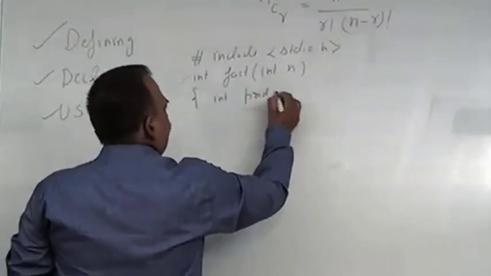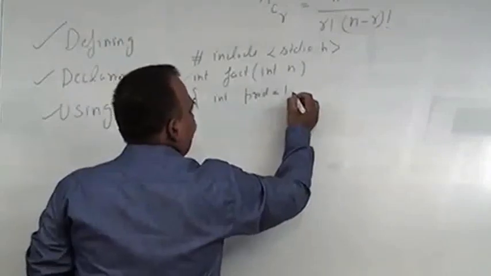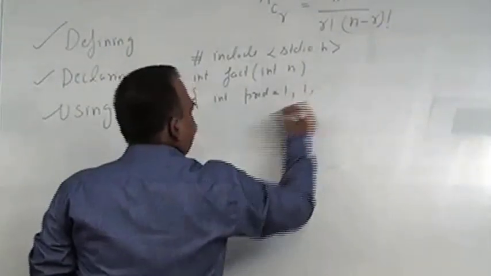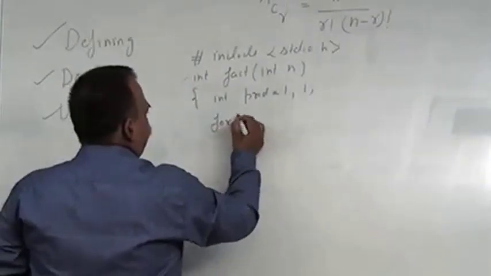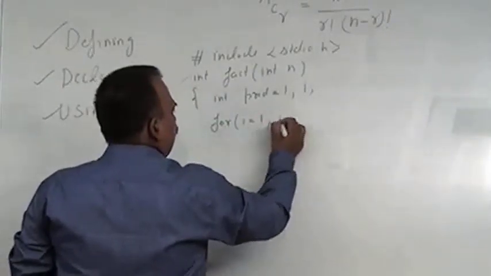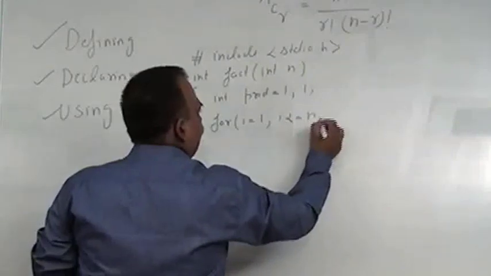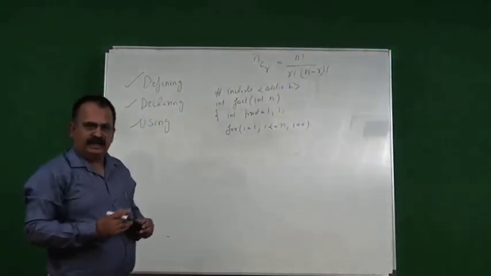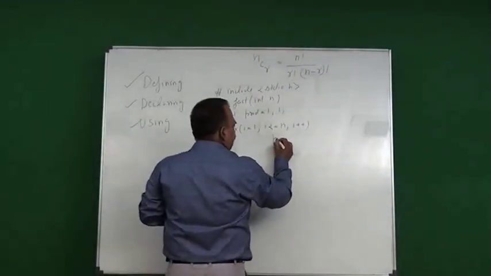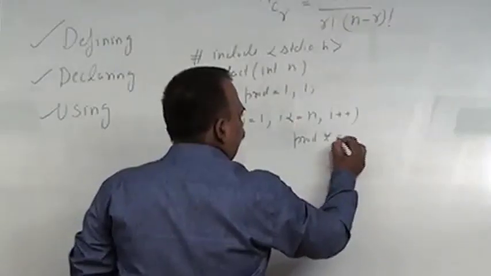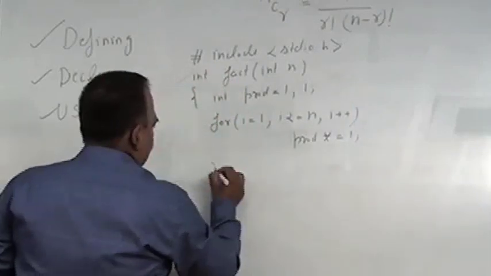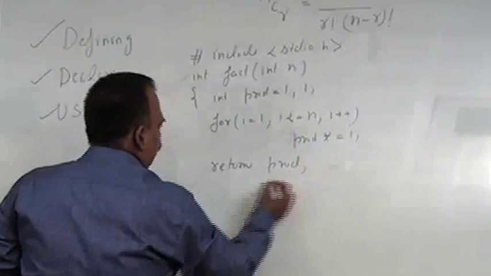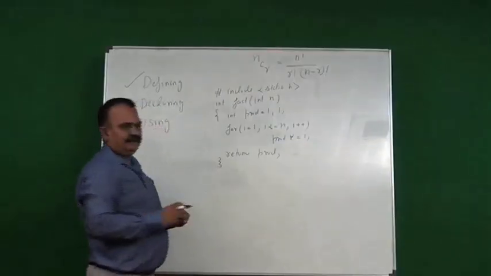We know the factorial is calculated by multiplying the numbers from 1 to the number itself. So for i equal to 1, i less than or equal to n, i plus plus. This loop goes from 1 to n, and we multiply all these values into product to find the factorial. Return that result, the factorial of number n.